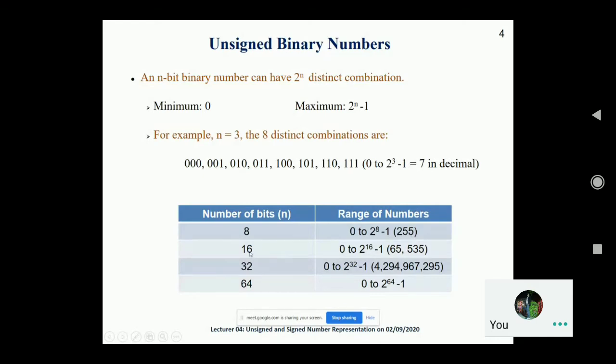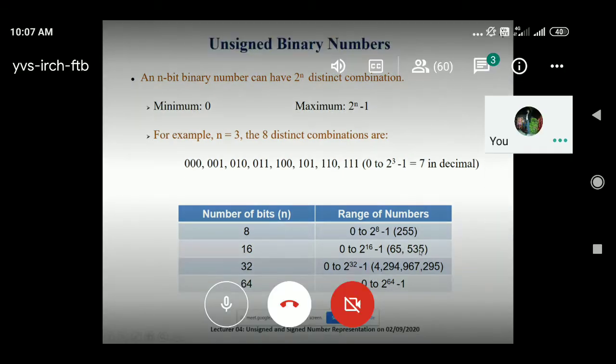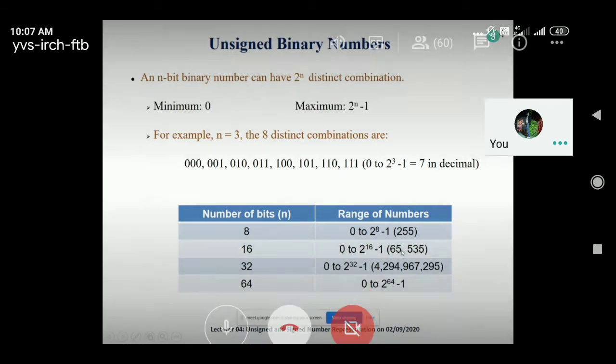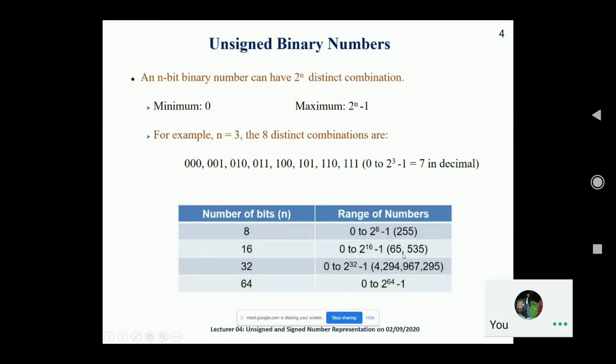When we use 16, the range is 0 to 2 to the power 16 minus 1, which is 65,535. It is the same number, just written with a comma. For 32, we go from 0 to 2 to the power 32 minus 1, which is in the billions.